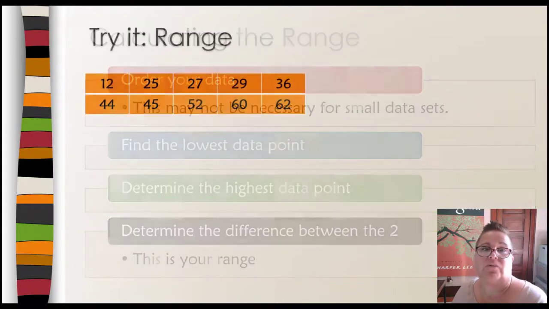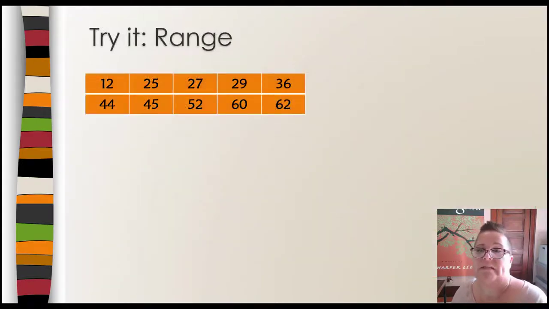That is your range. So if you're given 10 points, like I have been here, and these are in order if you read them horizontally, row by row, rather than by column, you will see that the lowest number is 12 and the highest number is 62. To calculate the range, we simply find the difference between 62 and 12, and we get 50.